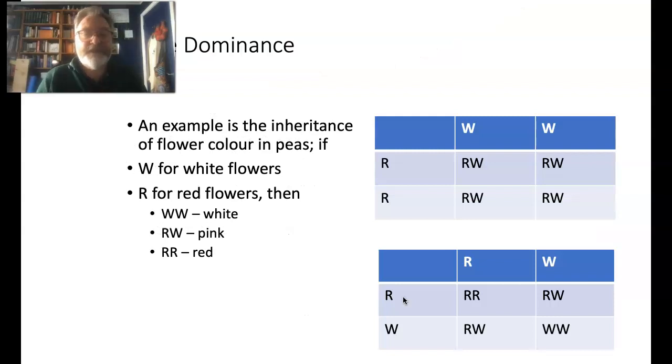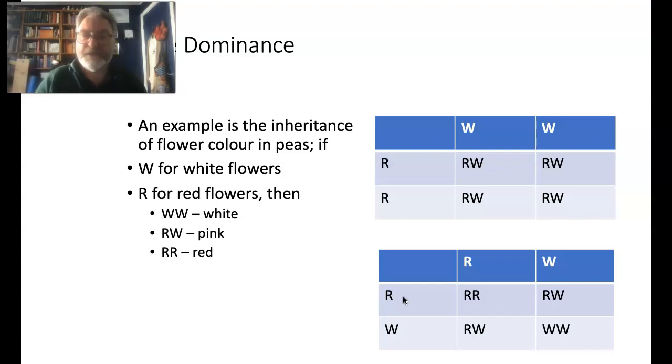Incomplete dominance. This is the one that really confused poor old Gregor Mendel, because he worked out dominance and was quite happy with that. And then he's got his white pea flowers and his red pea flowers, and expected the red to dominate the white, and he'd have only red when he crossed them. So he had true breeding whites and true breeding reds, which he'd bred over generations and knew that that's what they always produced. And then he crossed them, and he got pink. What happened there? So of course any artist will tell you put red and white and you get pink, but he hadn't realised that these proteins being made by the alleles will also do the same thing.